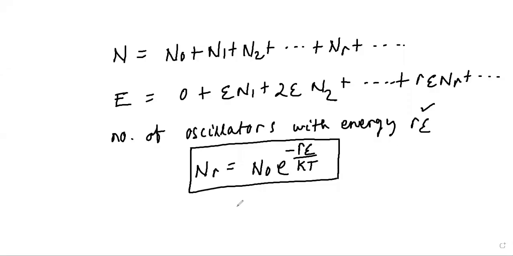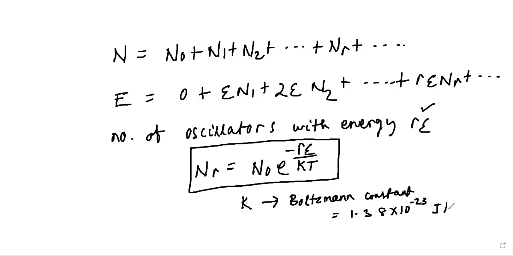Here you can see this k represents the Boltzmann constant, which is given by 1.38 times 10 to the power minus 23 joule per Kelvin.